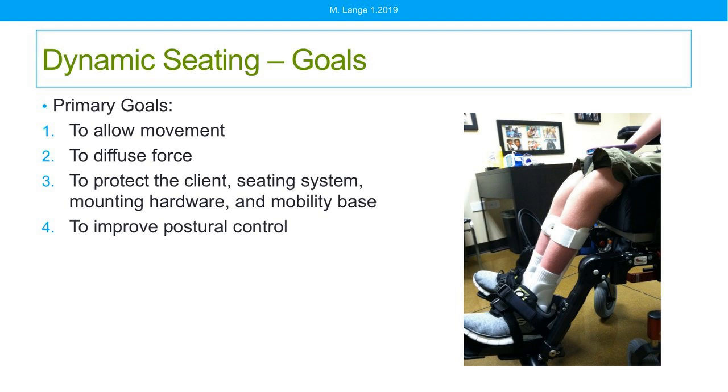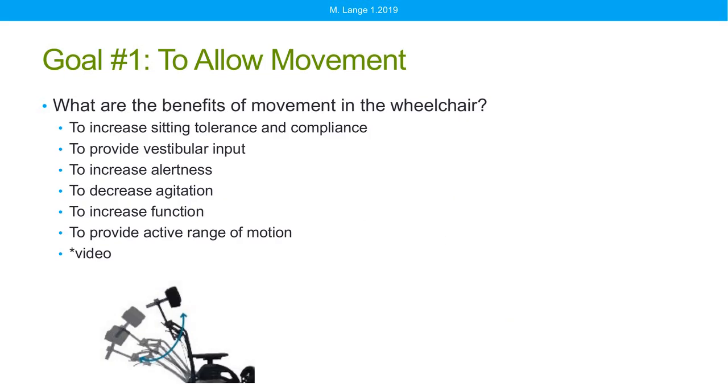So if a client is pushing with a lot of force, they have increased muscle tone, let's say, by allowing movement rather than the client pushing against a static surface, that force is diffused, it's reduced. This movement can protect the client from injury and protect the seating system, mounting hardware, and the mobility base from being damaged and broken. Also, by allowing the client to move within a limited range, we can actually see improvements in postural control.